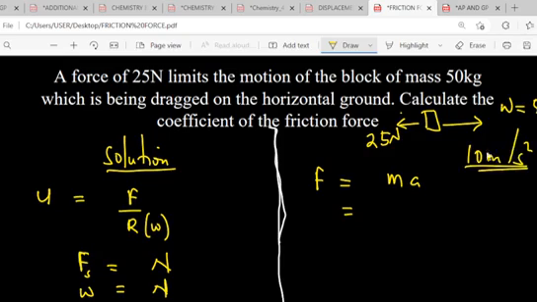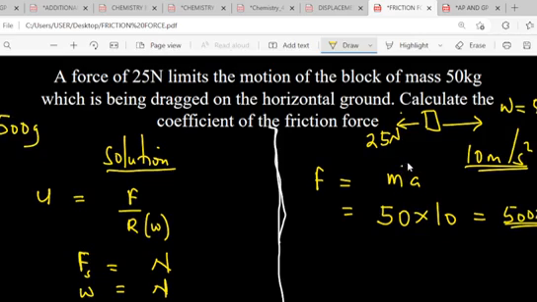Sometimes they give it to you so that you can use it yourself. To find the force we use Newton's second law of motion, so we just do 50 multiplied by 10, and we are getting 500 newtons. It cannot be 500 grams, because mass should always be in kilograms. If we had to convert this to kilograms, we divide by 1000 and get 0.5 kilogram, and then multiply by 10.